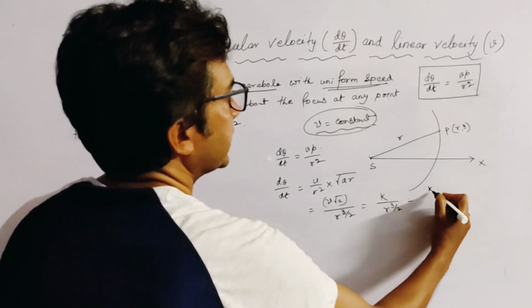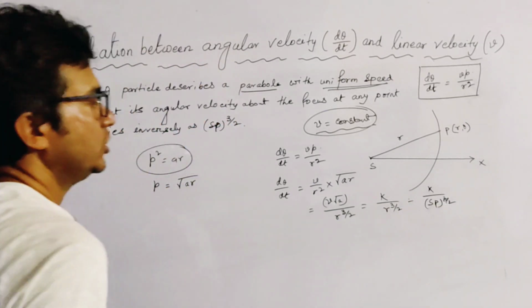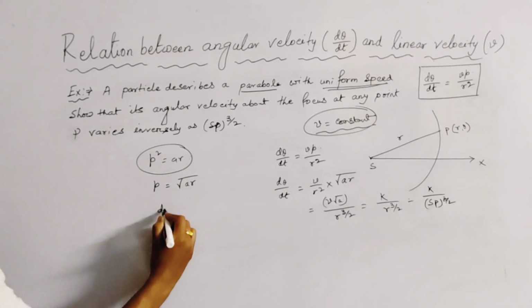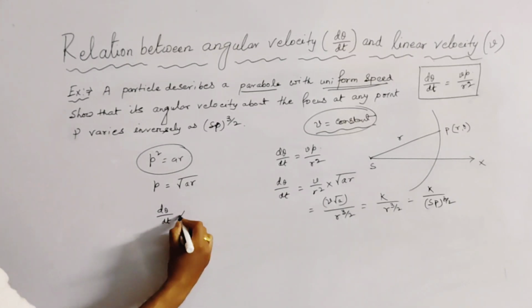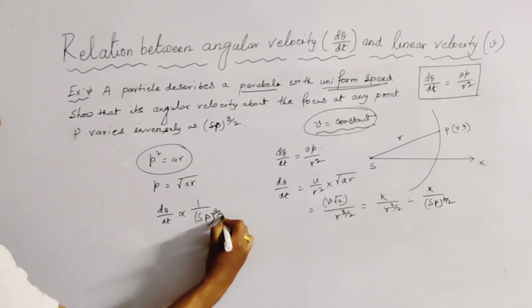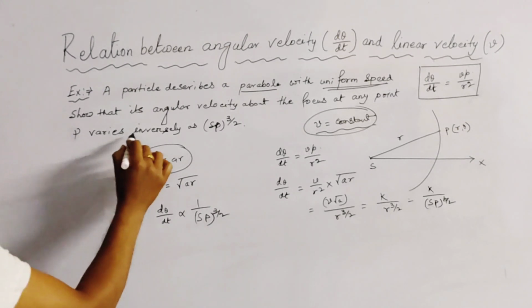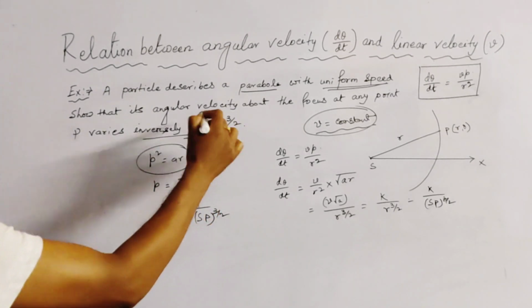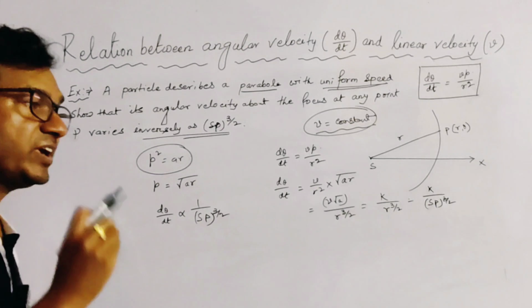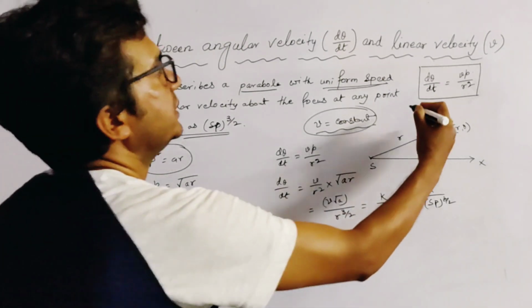So this is k by SP to the power 3/2. So we say dθ/dt is proportional to 1 by SP to the power 3/2. This is our proof: it varies inversely as SP to the power 3/2. This is a very important problem, but very easy with this relation.